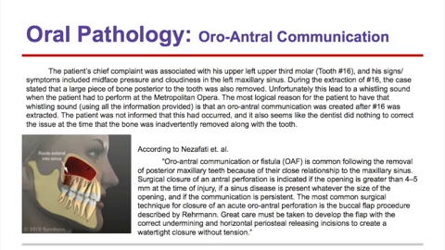The most common surgical technique for closure of an acute oral antral perforation is the buccal flap procedure described by Rehrmann. Great care must be taken to develop the flap with correct undermining and horizontal periosteal releasing incisions to create a watertight closure without tension.